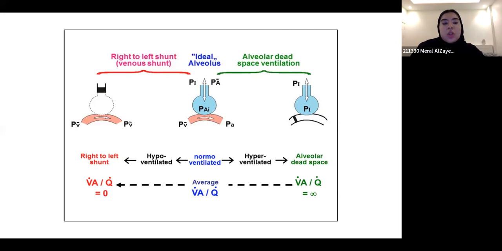When we don't have perfusion, our Q becomes 0. And when we divide anything by 0, what will our ratio be? Perfect, infinity. Anything divided by 0, which is our Q, will be infinity. Does that make sense? Do you guys understand right to left shunt and dead space? Okay, perfect. Then you can move on.